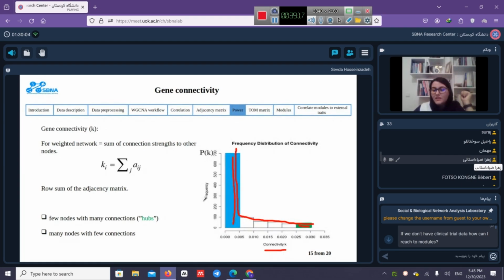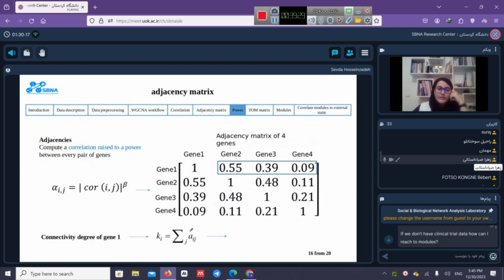And what is the connectivity, and how can I calculate the connectivity? This is the connectivity formula, and I have an example in the next slide for calculating that. For example, after calculating the adjacency matrix, I get this matrix, and all of the elements are obtained with the adjacency method.